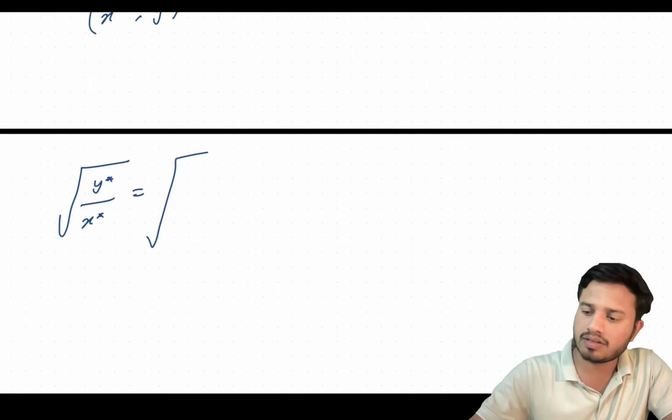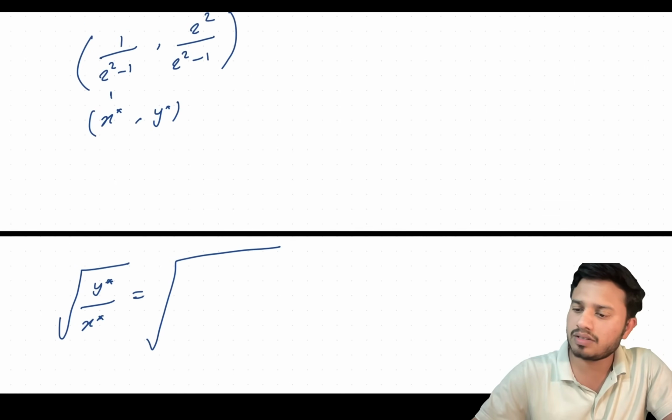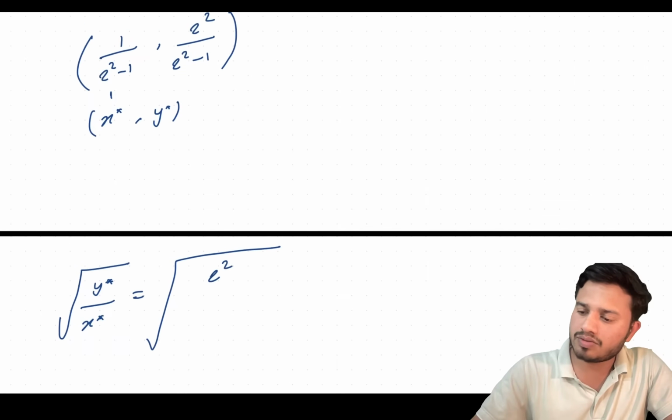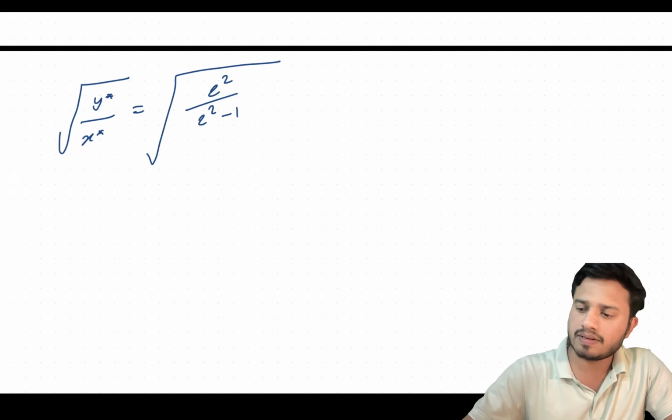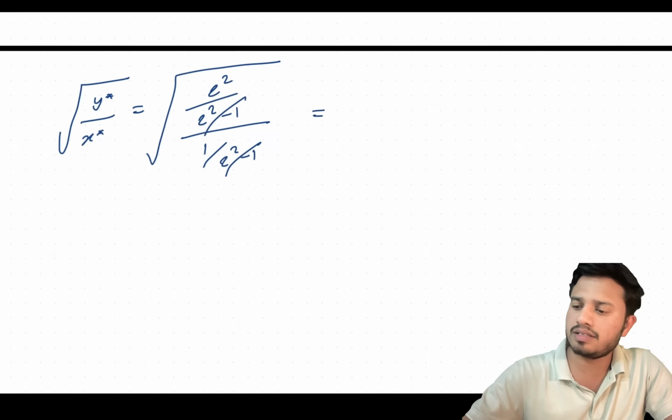Square divided by e square minus 1 divided by e squared.